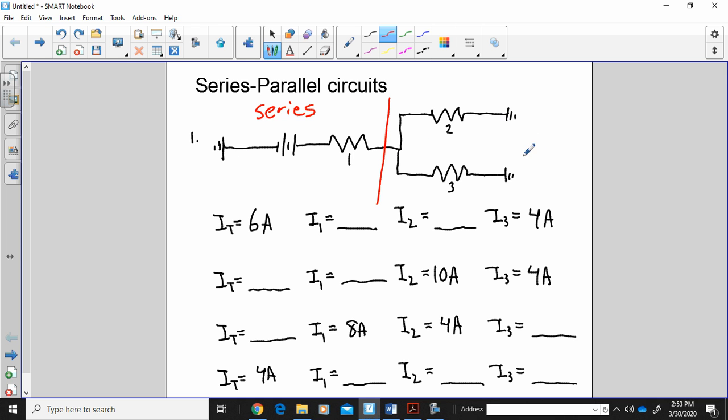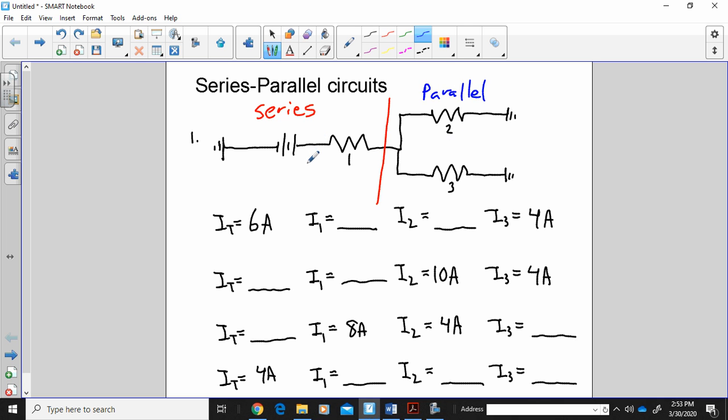If you cover up the right side and just look at the left-hand side, it would look like a series circuit. If you look at the right-hand side and cover up the left-hand side, this looks like a parallel circuit. Right when it branches, it becomes a parallel circuit.